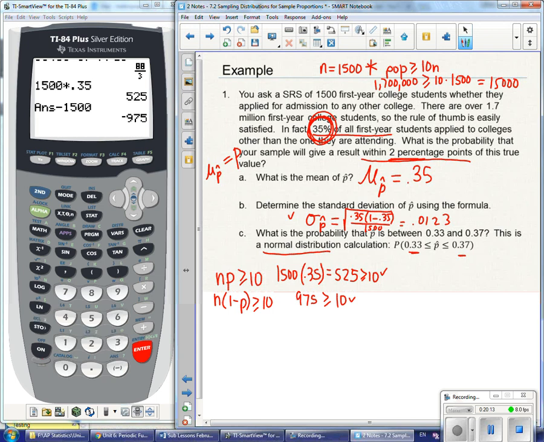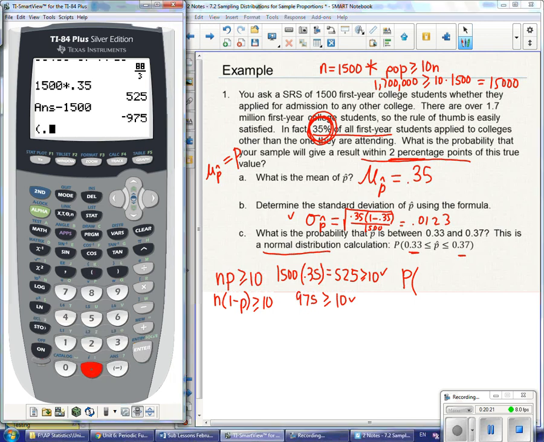So, of course, just like with any other normal calculation, we would want to standardize. So I need to figure out the z-score for 33%, so 0.33, minus the mean, which we said is 0.35, divided by my standard deviation. And that gives us a z-score of negative 1.626.